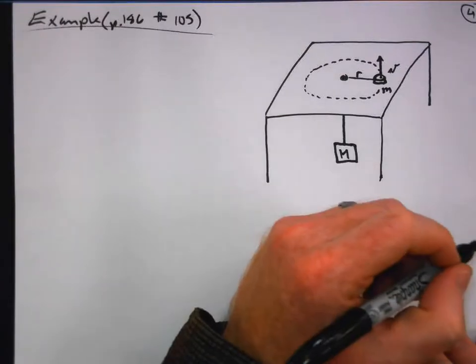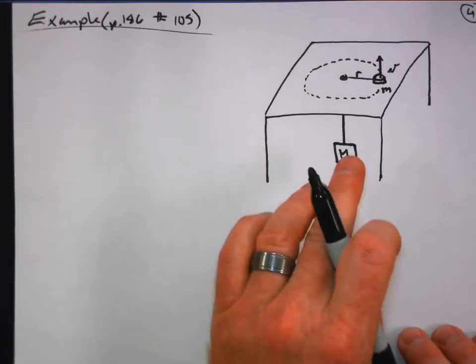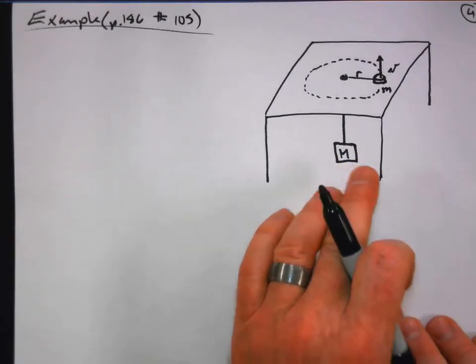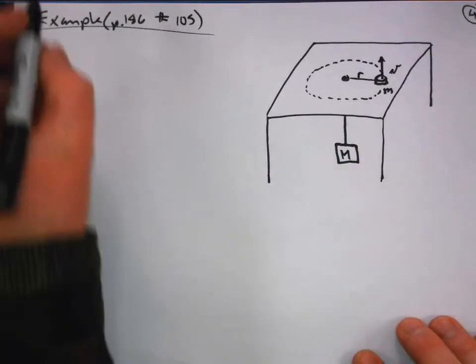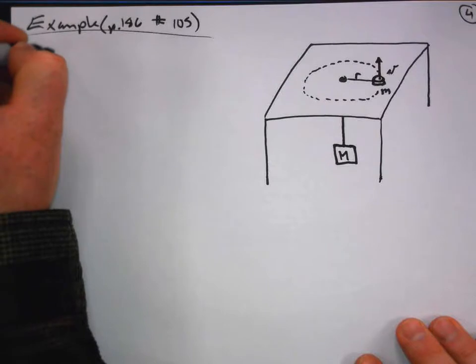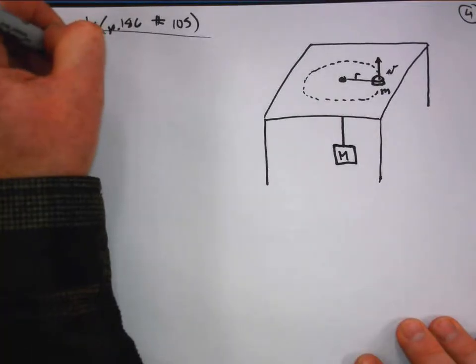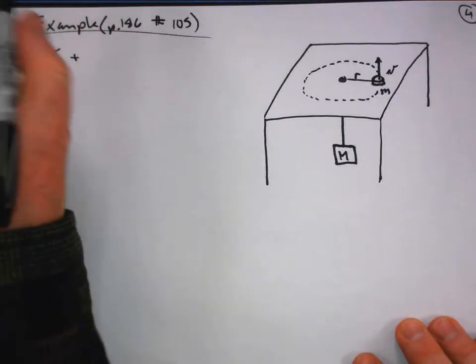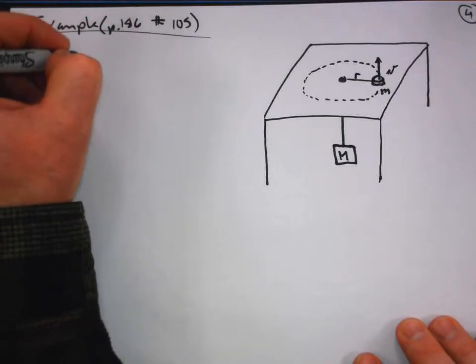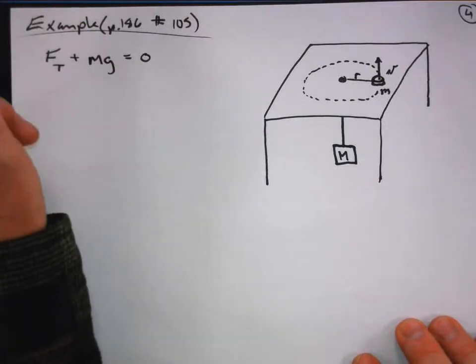That's the question. So here's what we're going to do. We're going to set up some interesting things. We'll start here with this mass. We know we have that thing stationary. That's going to be an equilibrium situation. And in equilibrium, the forces are balanced, and what we have is a force of tension pulling up on this thing, plus a force of gravity pulling down, and when you add those together, you have to get zero, right?